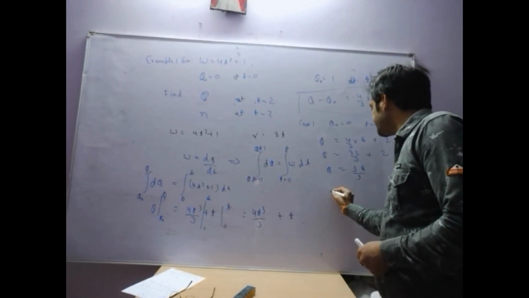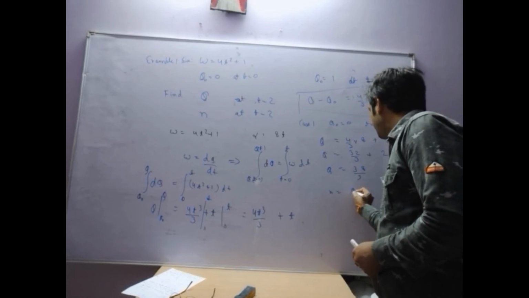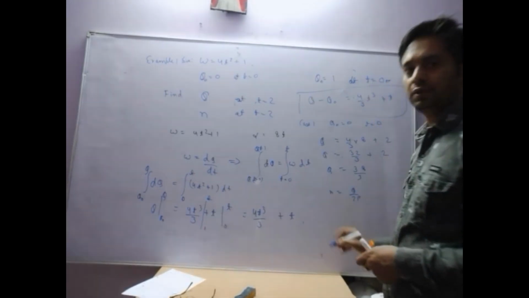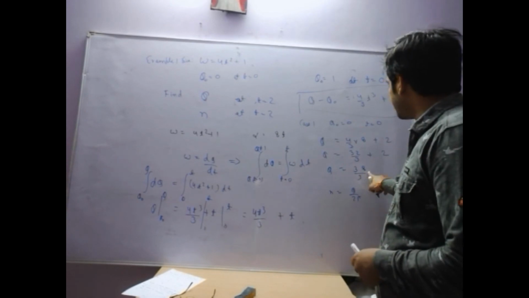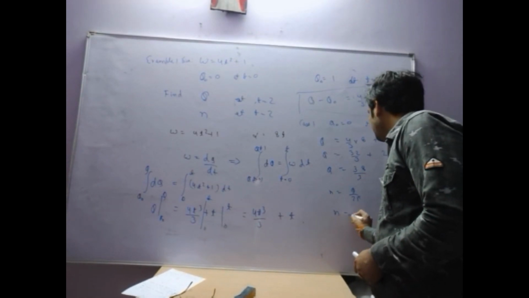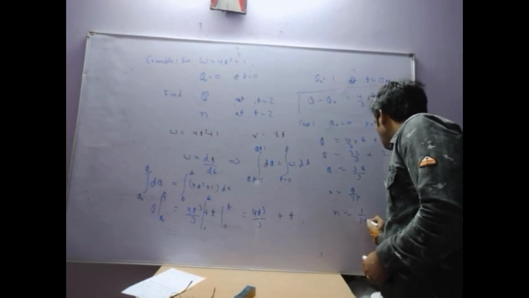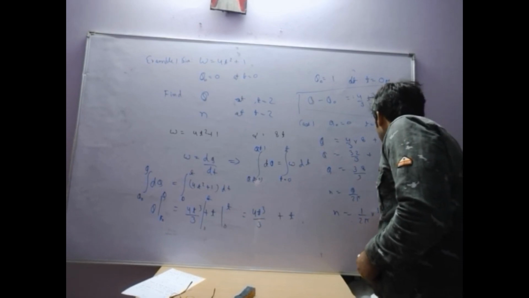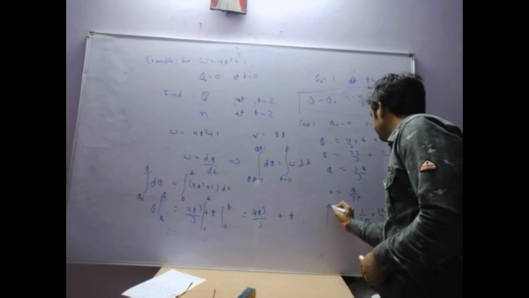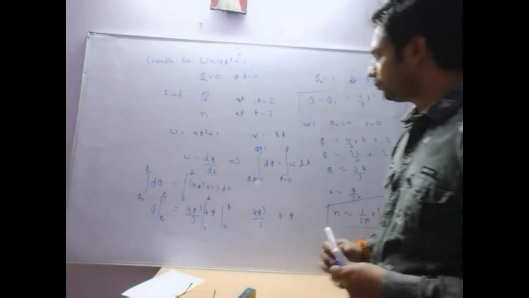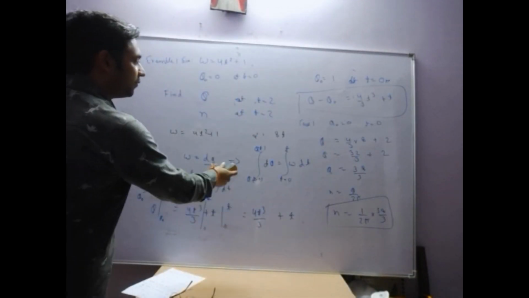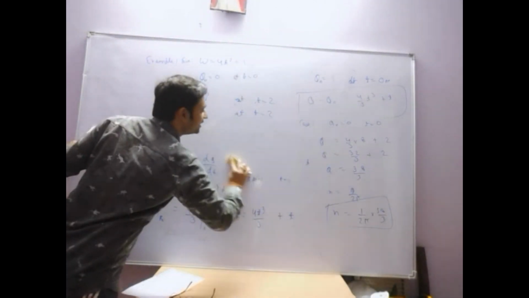So n is just theta upon 2 pi. We have already calculated theta, so n comes to be 1 upon 2 pi into 38 by 3. I am going to rub this solution because we do not need it now.